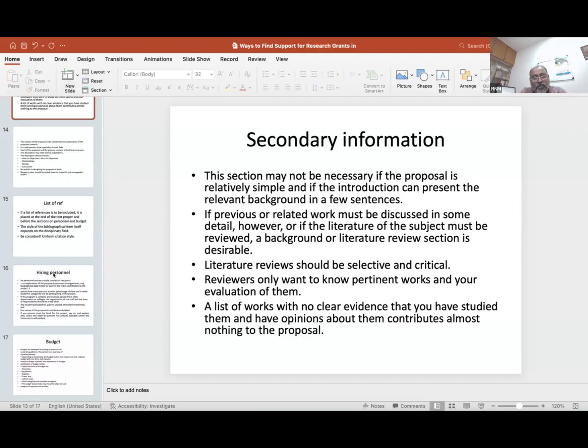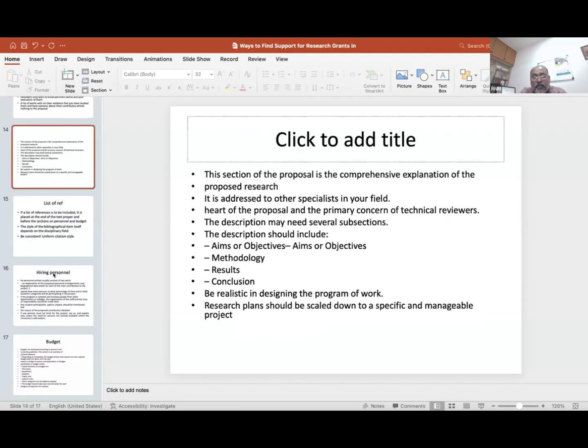So people are ideally preferring the last 5 to 7 years of work, but published in refereed journals. Do not add news items, blogs, or discussions in the literature review. That gives a bad impression that you are not familiar with formal sources. Okay, next, the secondary information we have talked about.